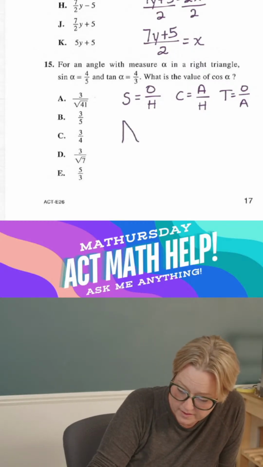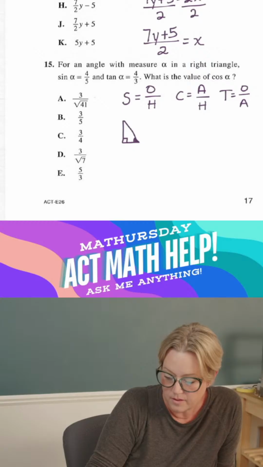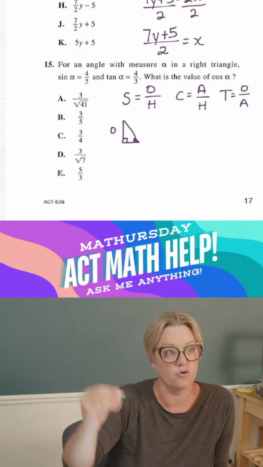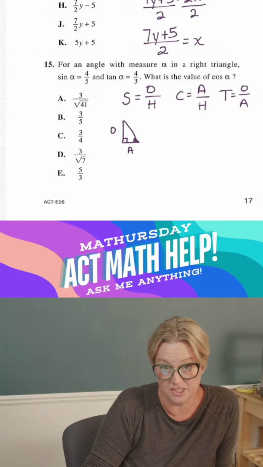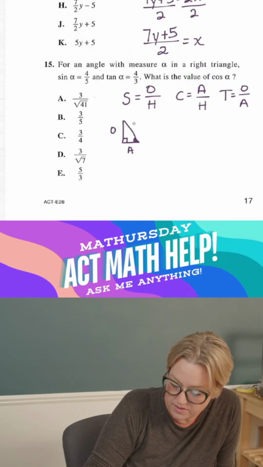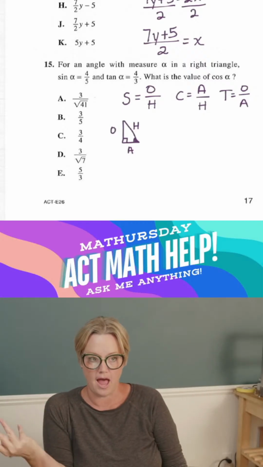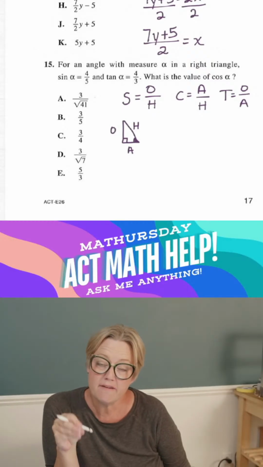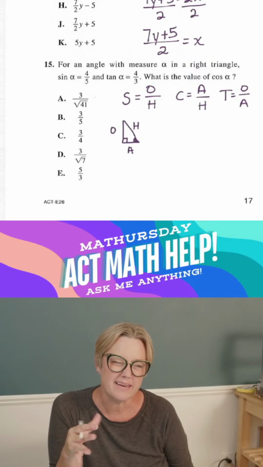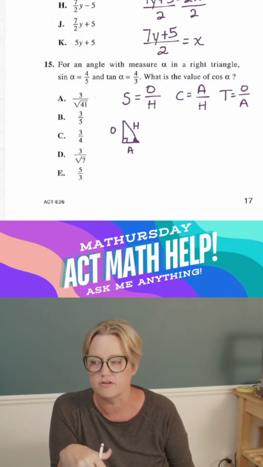Okay. Now, the way that this is set up is if this is my angle here, that's my angle. This is my opposite because it's across from my angle. This is my adjacent because it's adjacent to my angle. And this side across from the 90 degrees is always going to be my hypotenuse. If you have not taken Algebra 2 yet, you might learn this in geometry, some basic right triangle trig.